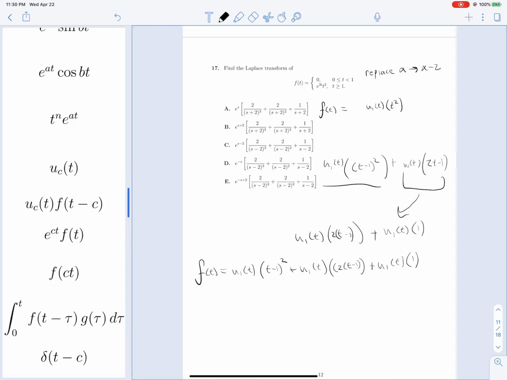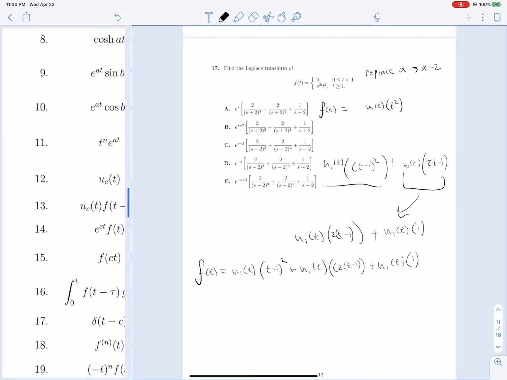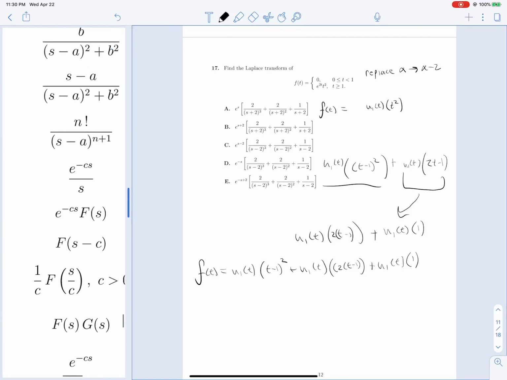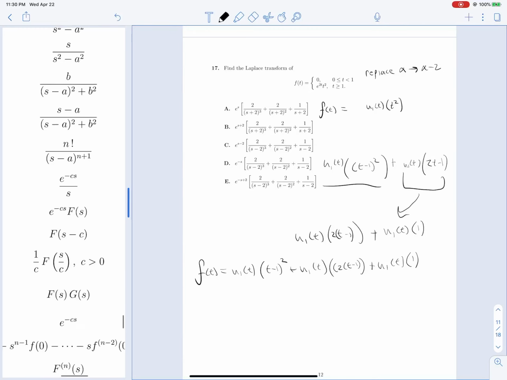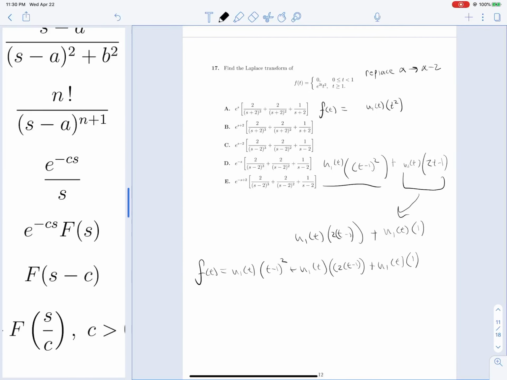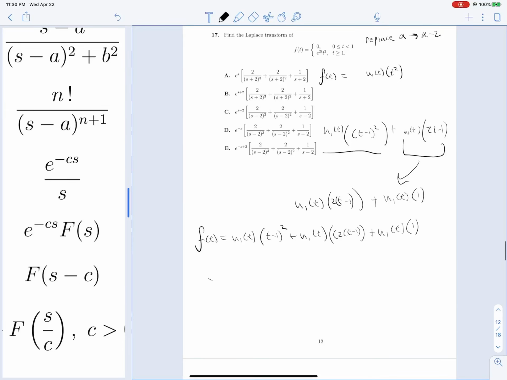because the Laplace transform of uc of t times some function of t minus c just gives us e to the negative cs, so we will get e to the negative alpha, because our c value is 1, and then the Laplace transform of not f of t minus c, but just f of t.